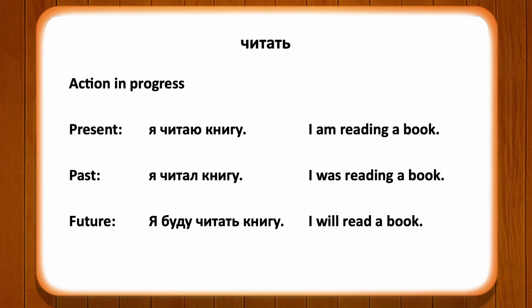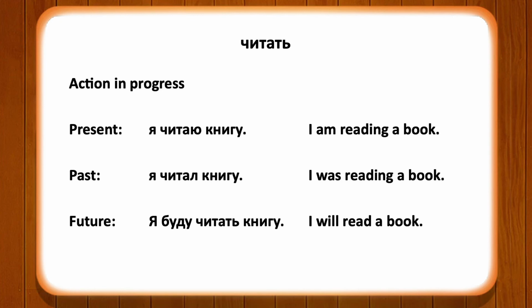For future tense, you will use the form of the verb być along with the verb chitaj. Ya budu chitaj knigu is I will read a book. So, here also the imperfective aspect verb is denoting an action which will be in progress in future.